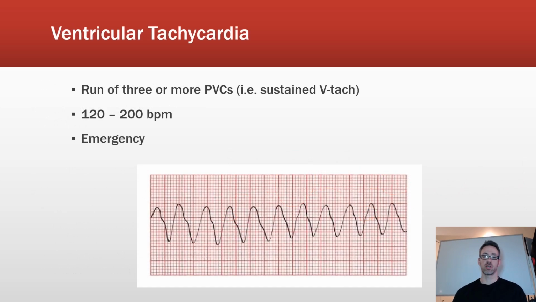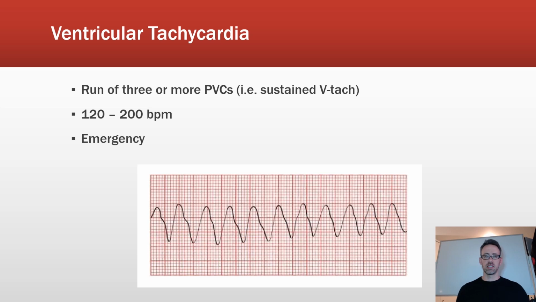So ventricular tachycardia, this is where we have essentially a run of 3 or more PVCs, where we're essentially having more of a sustained VTAC as opposed to an unsustained VTAC. And the ventricular beats are somewhere between 120 to 200 beats per minute. The ventricular myocardium usually can't depolarize and repolarize as fast as the atria, so we don't usually see beats as high as that.